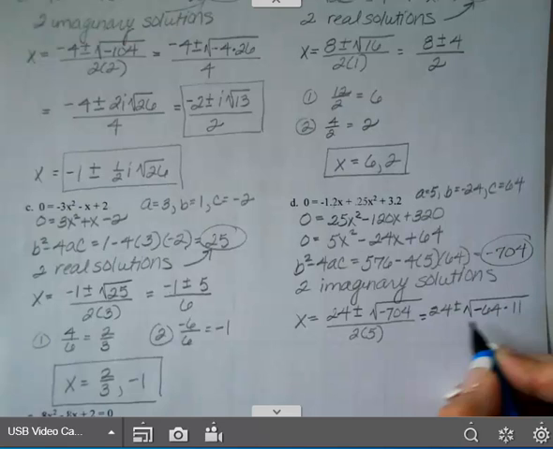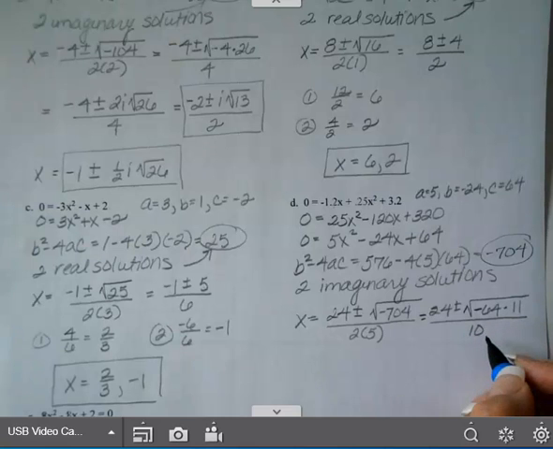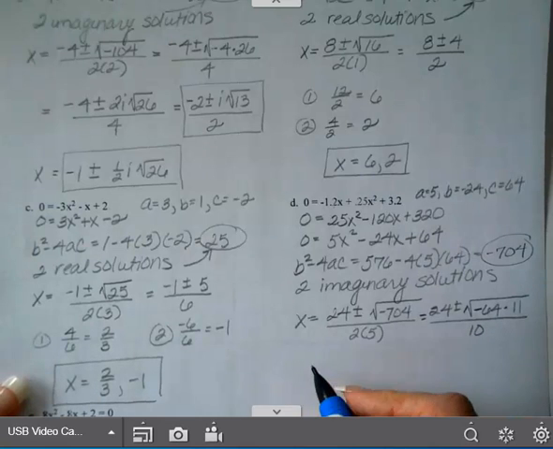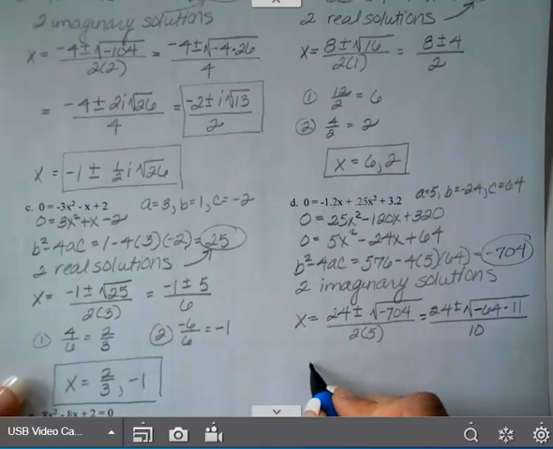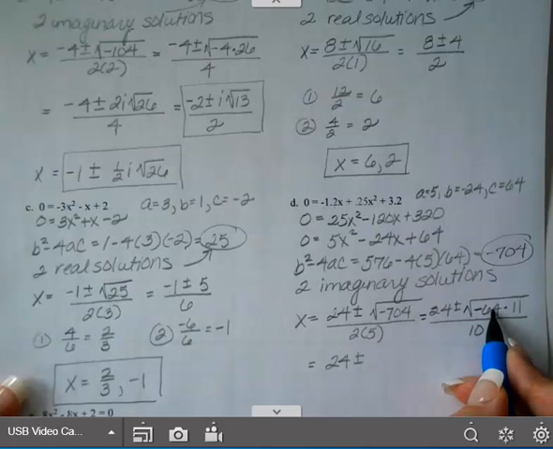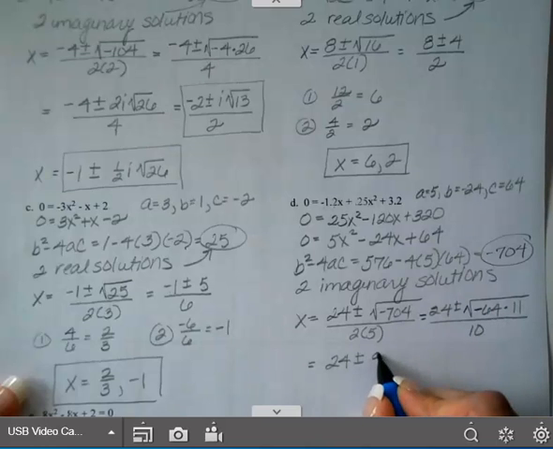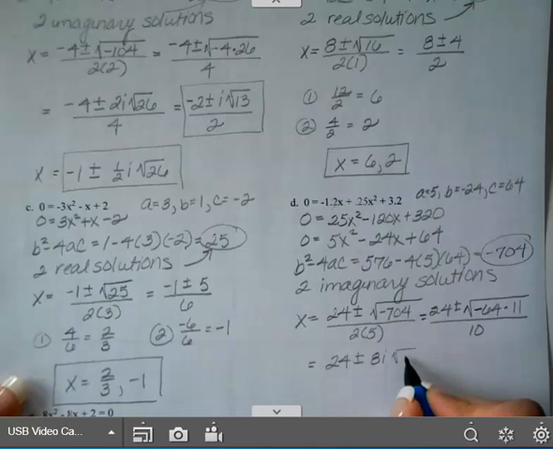You may have to play with that to find that. I would not give you this ugly of a number on a test or quiz. And that's over 10. So this is 24 plus or minus the square root of negative 64, which is 8i, square root of 11, and then that's all over 10.